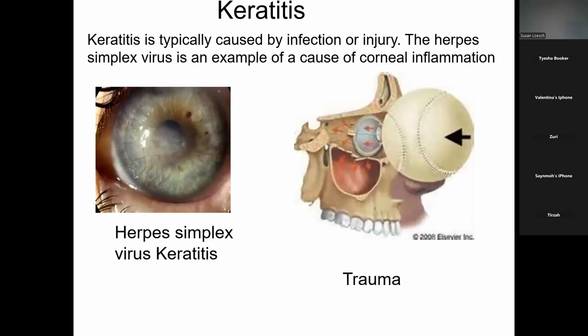Keratitis, I would know this one too. This is inflammation of the cornea. Usually severe pain here. Common causes are herpes simplex and trauma to the eye.